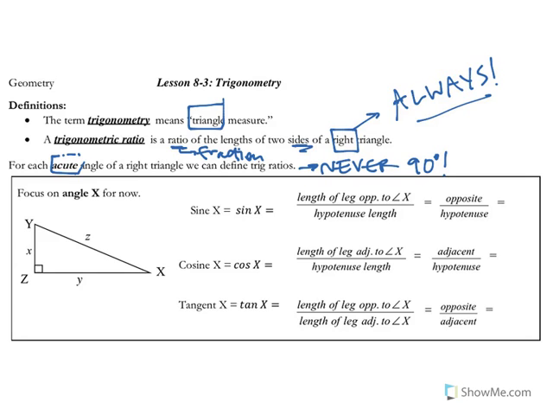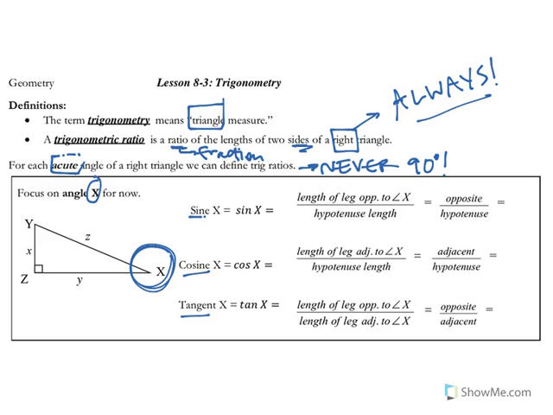So we're going to focus on angle X right now. Whenever we decide what angle we're focusing on, I'm going to circle it in my diagram because that's kind of the lens that we're looking at it, as if we're standing at angle X, everything is in reference to angle X. Okay? So we've got three different trig ratios: sine, cosine, tangent.